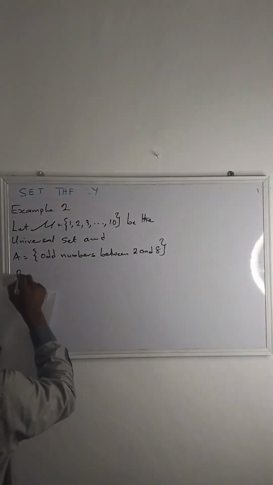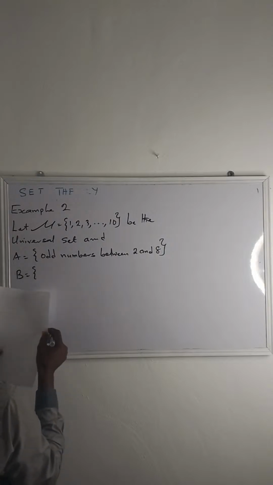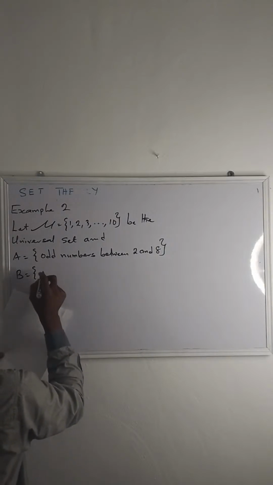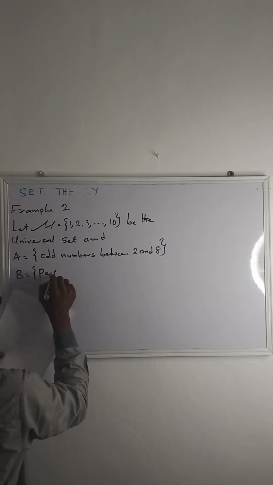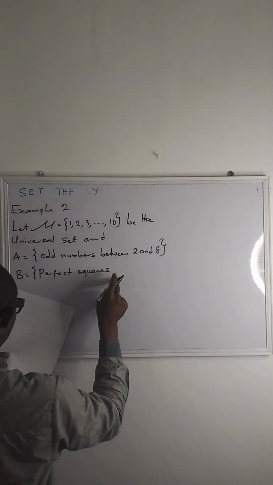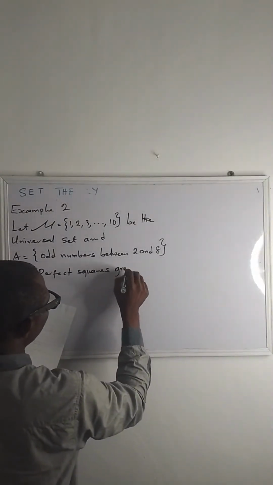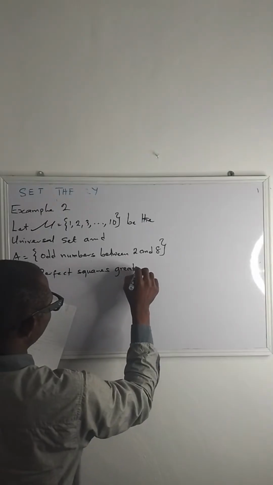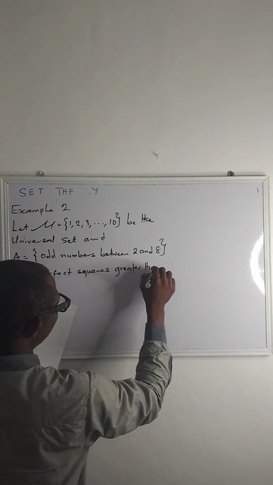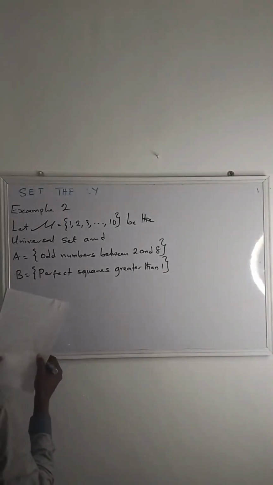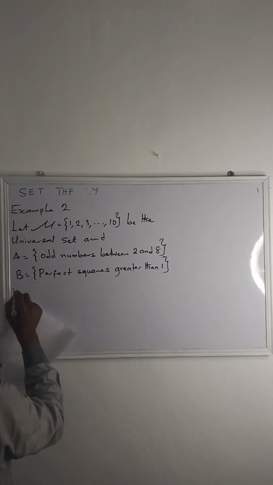B, set of perfect squares greater than 1. Now this is the question.